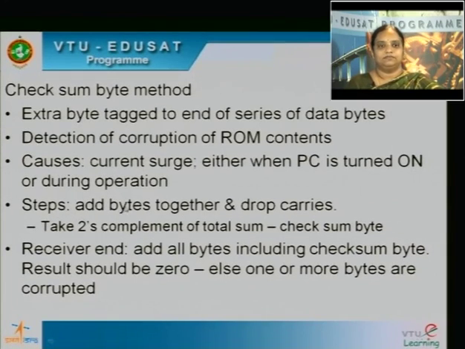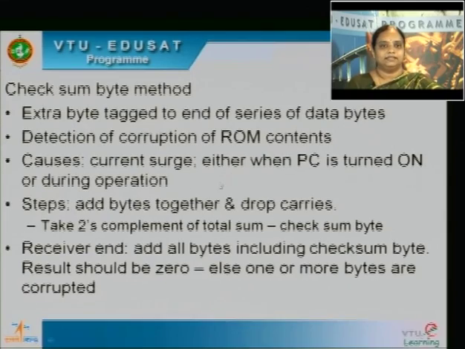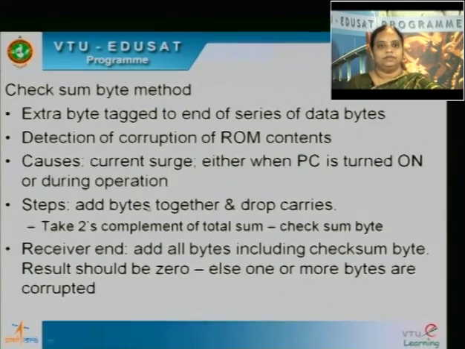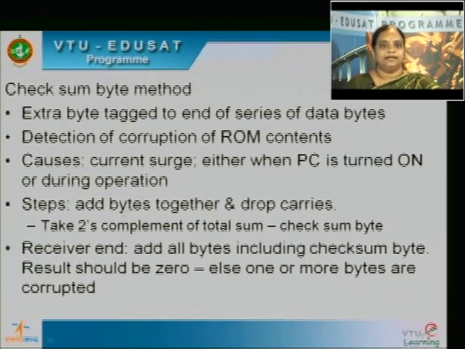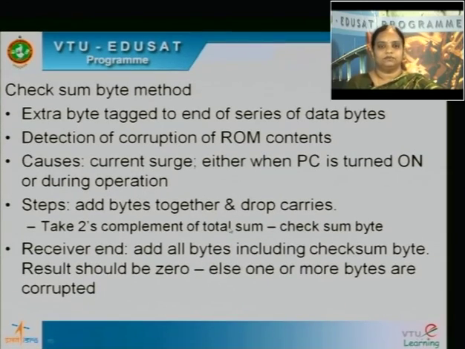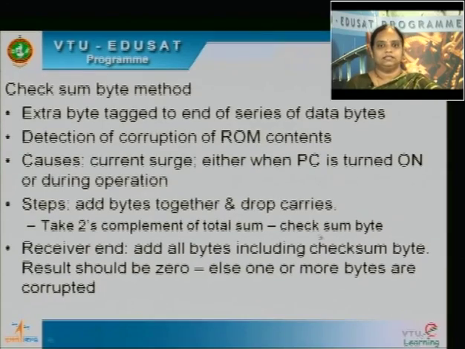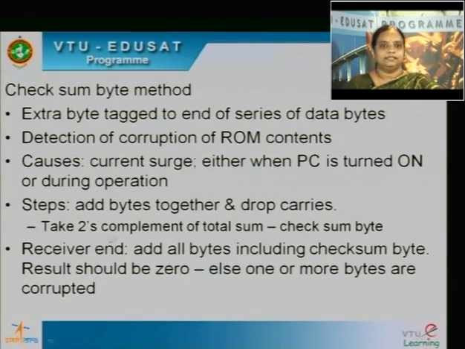So how do we go about this checksum byte method? The steps are, first all the data bytes are added together, and during addition you drop the carries, and whatever total sum you get, you take the 2's complement of that, and that itself is the checksum byte. And at the receiver end or during storage, we add all the bytes including the checksum byte, and the result should be 0.